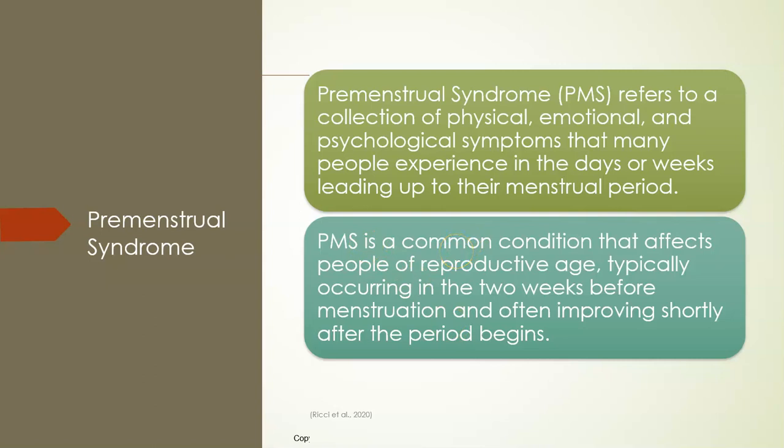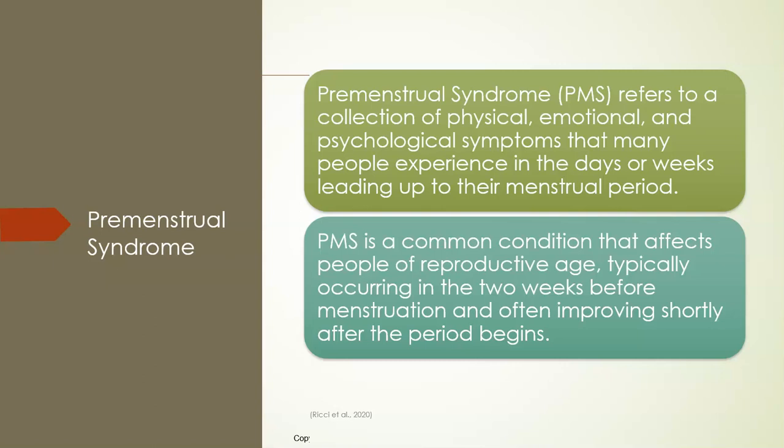Premenstrual syndrome. Premenstrual syndrome is a collection of physical, emotional, and psychological symptoms that many women experience in the days or weeks leading up to their menstrual period. It's called PMS.